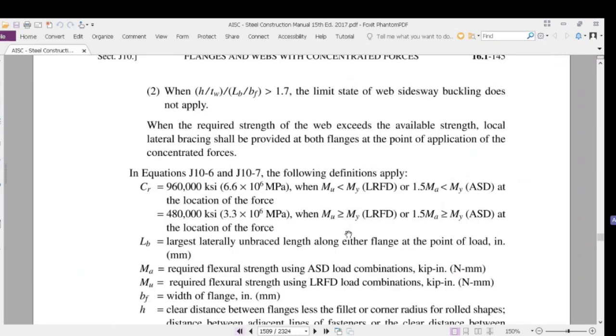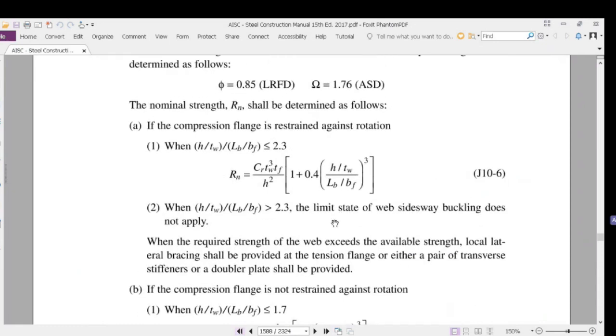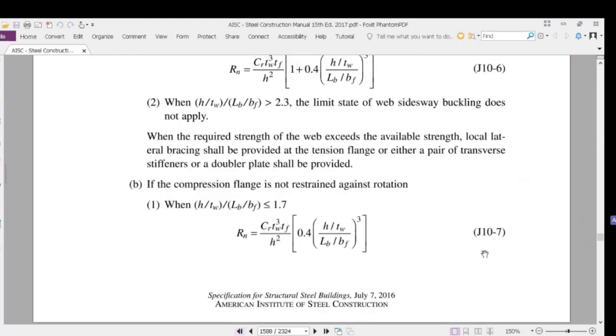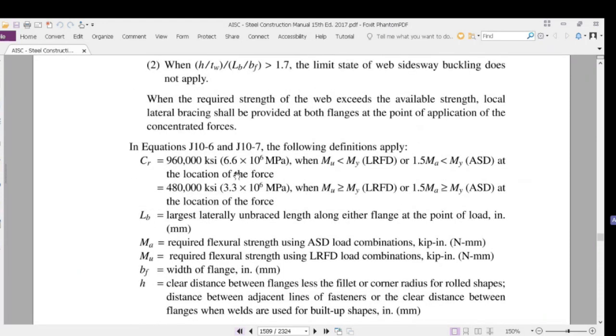The constant Cr used in the expressions J10-6 and J10-7 is equal to 960,000 ksi when the required flexure strength is less than the yield moment. This yield moment corresponds to the yielding of tension flange and first yield of the compression flange.